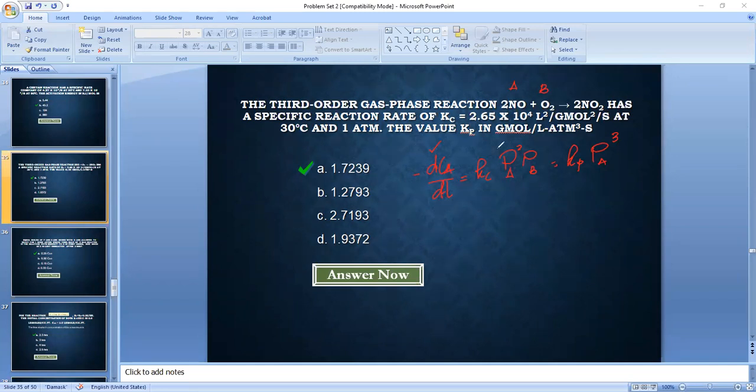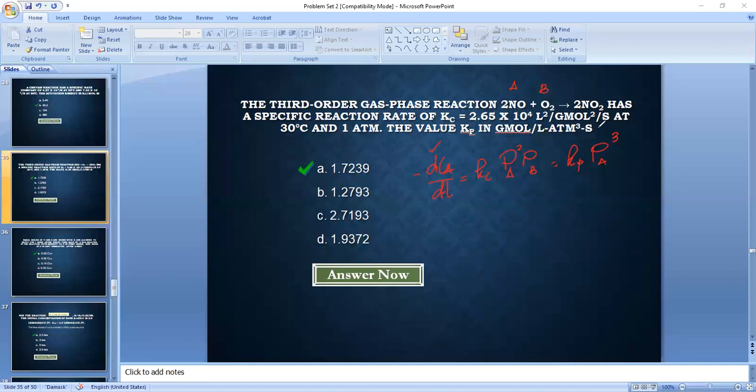You just have to deal with the set of units that is given. The K sub P should have a unit of mole per liter per atmosphere cubed per second.